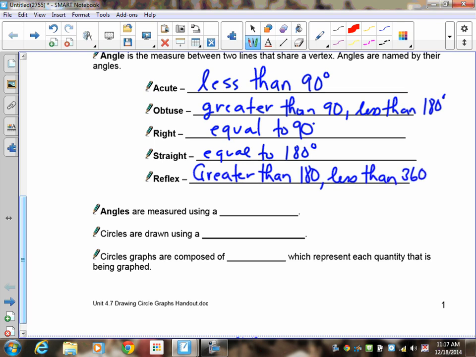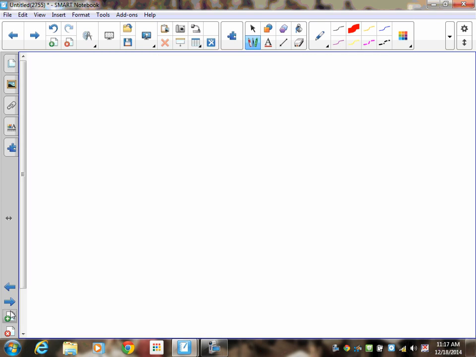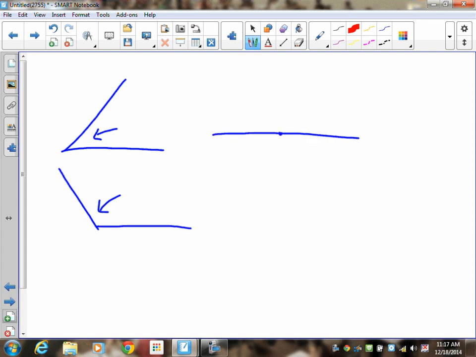So if we had to draw these angles so that you could see them, an acute angle would be drawn something like this, and this angle in here is less than 90. An obtuse angle would look like this, and this angle here is greater than 90. A straight angle, I'm going to put a vertex in the middle there so you can see there's actually two rays put together. This angle right here is equal to 180 degrees.